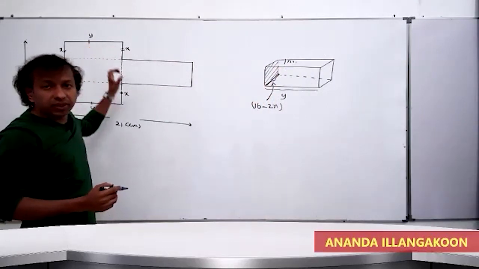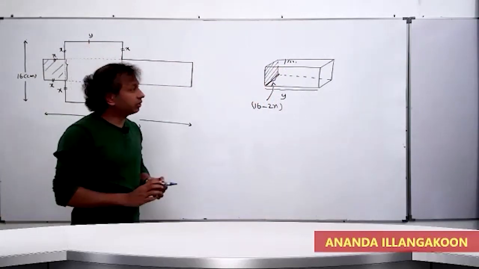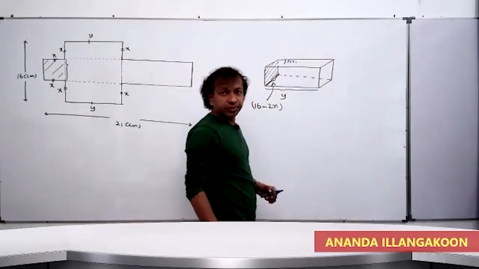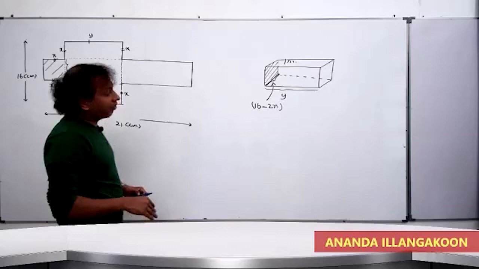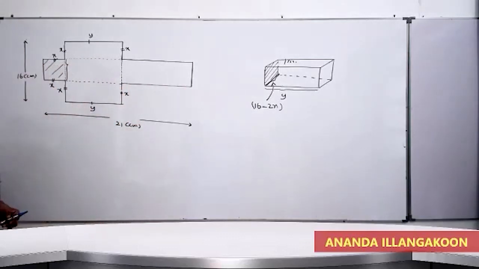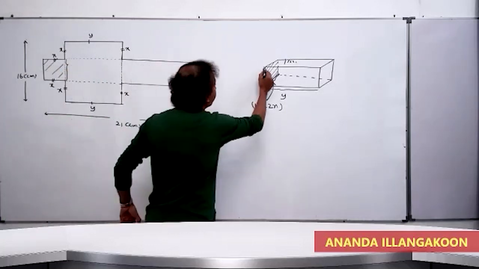Then another two sides are to be covered. What? This side and this side. Those two sides will be covered by these. People, what is the height of this box? Height is going to be this 6, no? This is 6. This is the height.